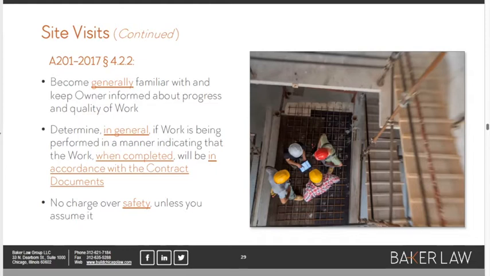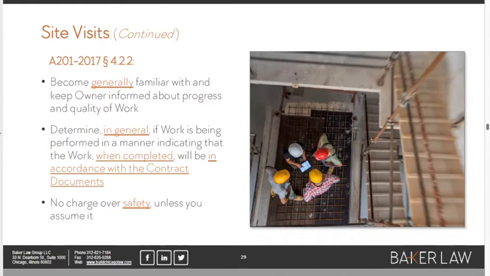And if you look on the screen, the second bullet point there, what I underlined is important: when completed, because the architect is not there looking at everything on site, right? For those of you who are architects, you know that when you go to the site, temporary conditions, how the tilt-up wall is being tilted up, how the trench is being shored, is it safe?